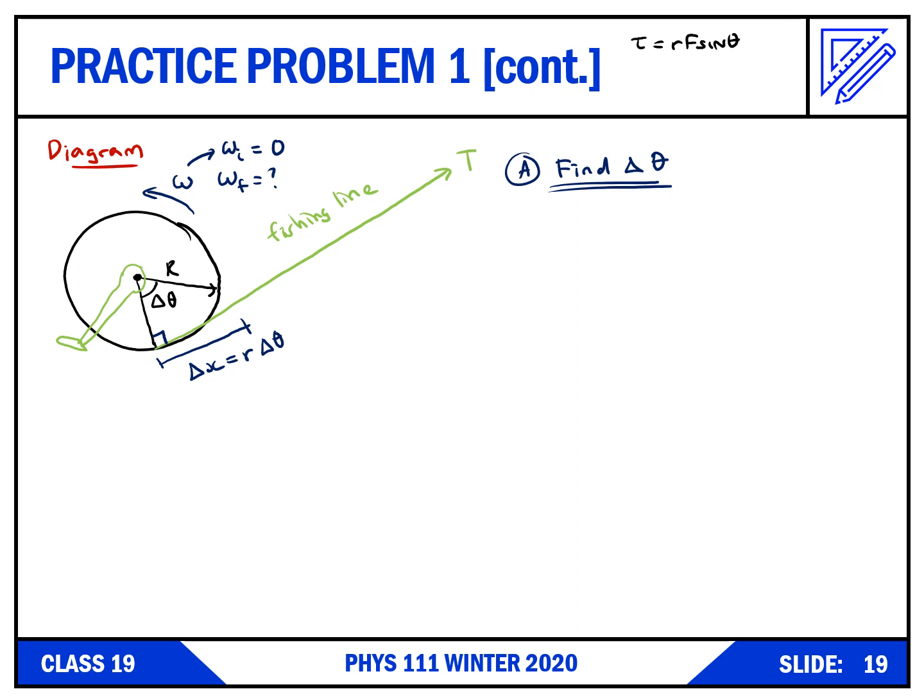We also know that alpha is equal to torque over the moment of inertia, so that's the new angular acceleration equation that we have. So why don't we start with those two? We have tau equals Rf sine theta.